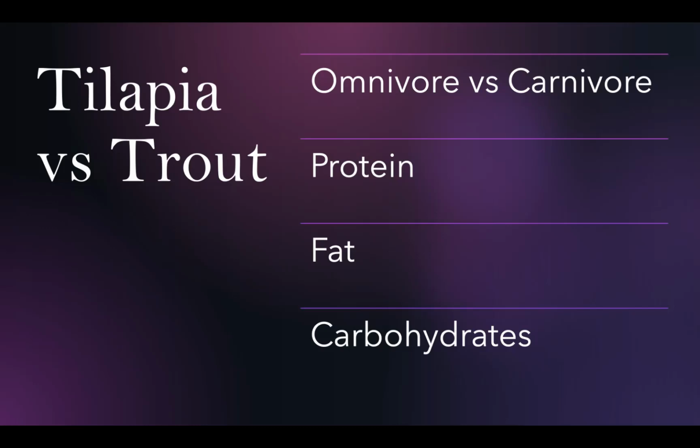Tilapia is very flexible, but when it comes to trout, trout need a high protein diet. Trout like around 40 percent protein. That's what trout like. And when it comes to the fat, tilapia is not really into the fat, not too much.